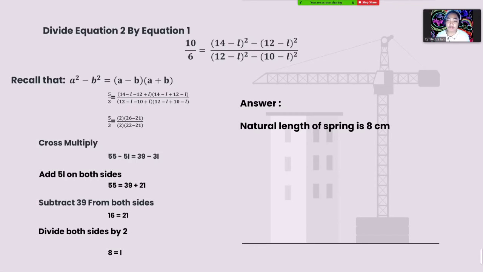Add 5L on both sides: 55 equals 39 plus 2L. Subtract 39 from both sides: 16 equals 2L. Divide both sides by 2 and we get 8 equals L. Answer: the natural length of the spring is 8 centimeters.